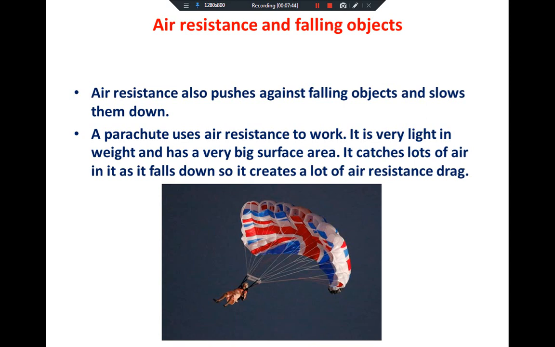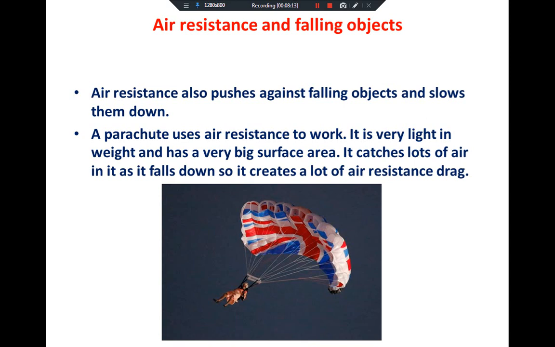So, when there is a big surface area, it's more likely to catch more air. Okay? And when that big surface area catches more air, what happens? Air resistance will be there. It catches lots of air in it as it falls down, so it creates a lot of air resistance drag.